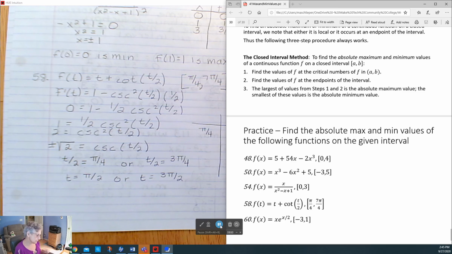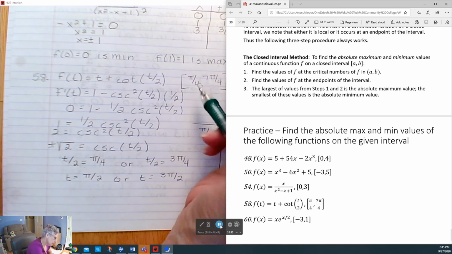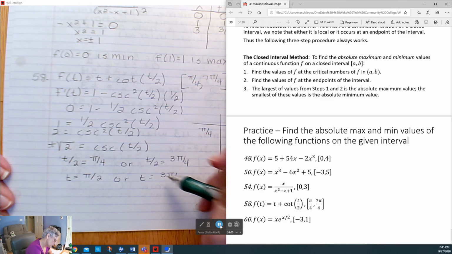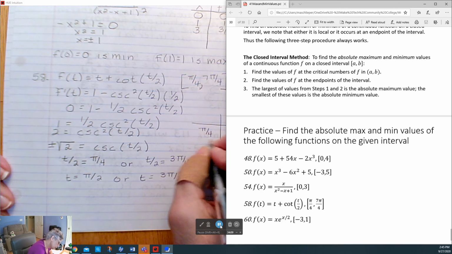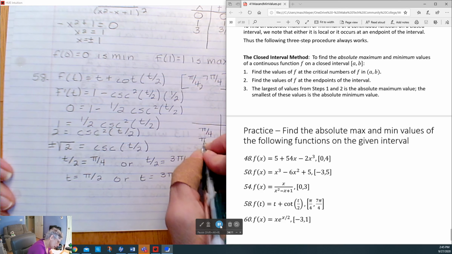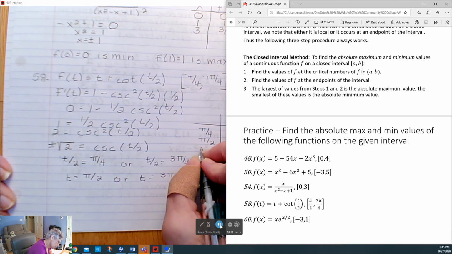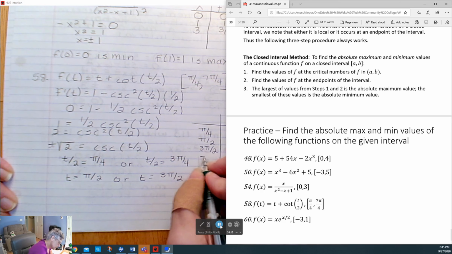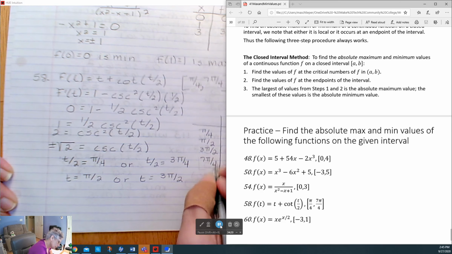Now I need to see which of those live between pi over 4 and 7 pi over 4. Now let's see, 7 pi over 4 would be the same as 6 pi over 2, so both of them are going to be in there. So we'll check pi halves, we'll check 3 pi halves, and we'll check 7 pi over 4.